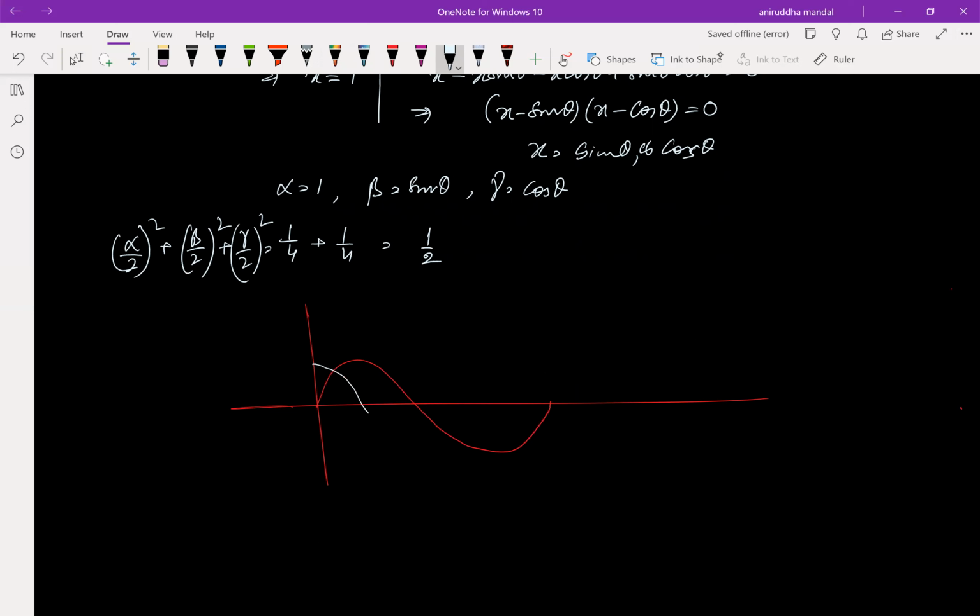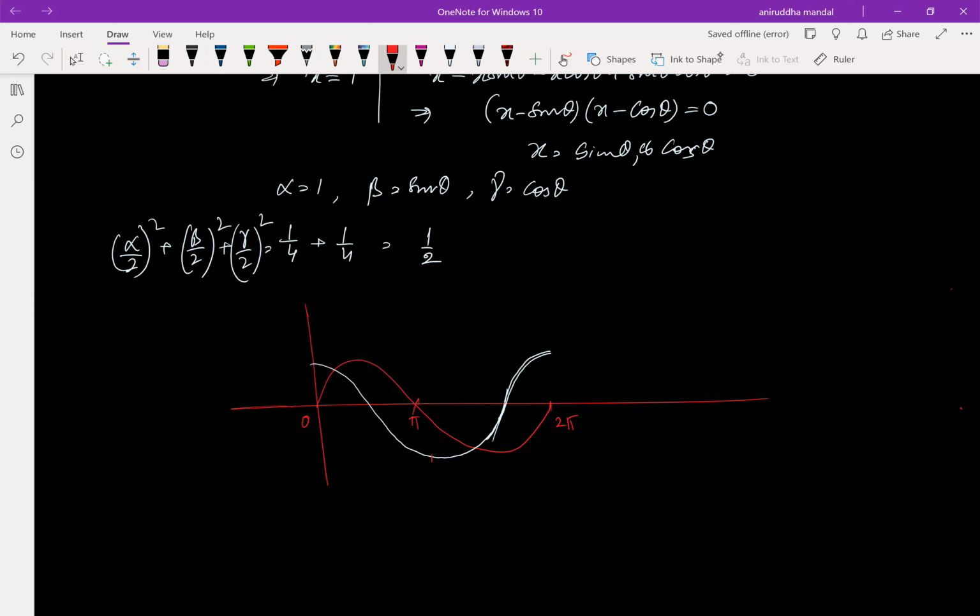So this is cos theta. Okay, let me draw it clearly. Okay. So this is 0, this is pi, and this is 2 pi.